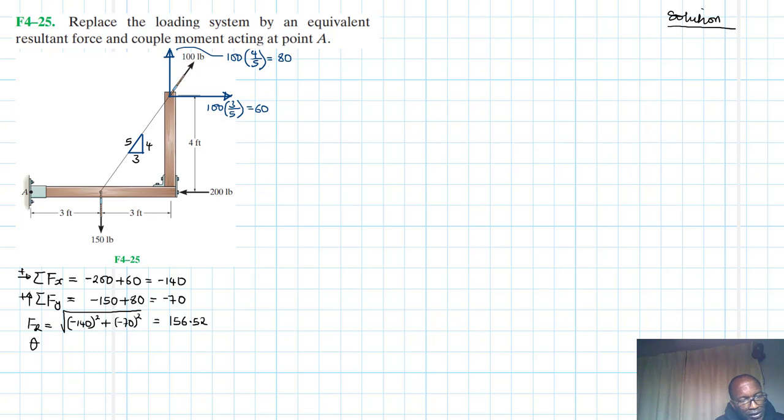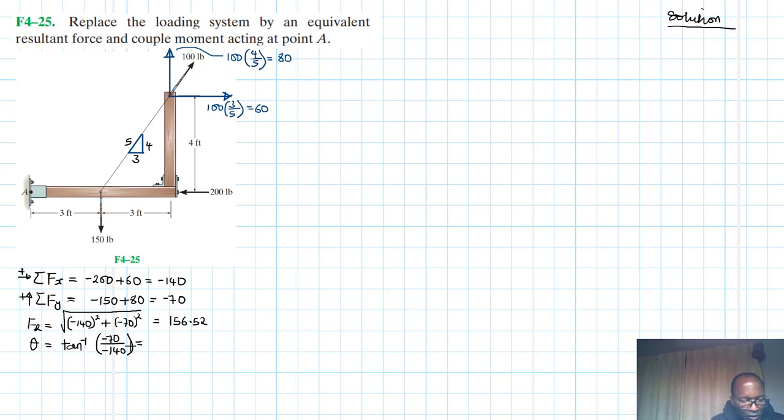We cannot just find the resultant, we have to find the angle. Theta is equal to tan inverse of the y component, or the opposite, which is a negative 70, divided by a negative 140, which is the x component.